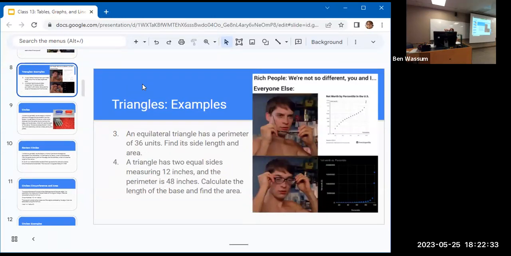Right, so we have a couple more. Number 3 says an equilateral triangle has a perimeter of 36 units. And it wants the side length and the area.